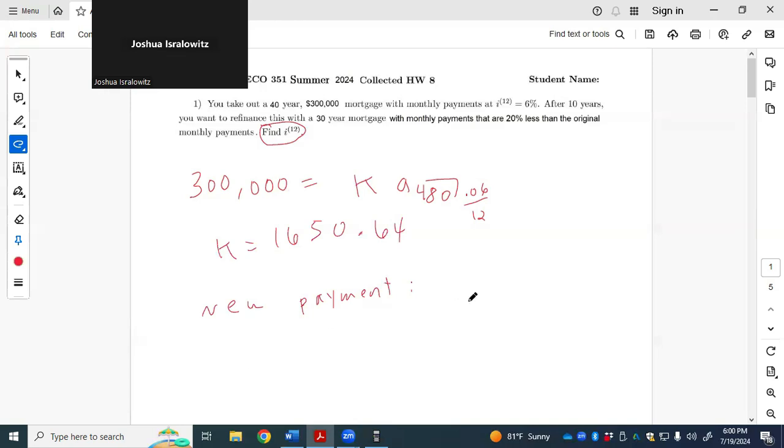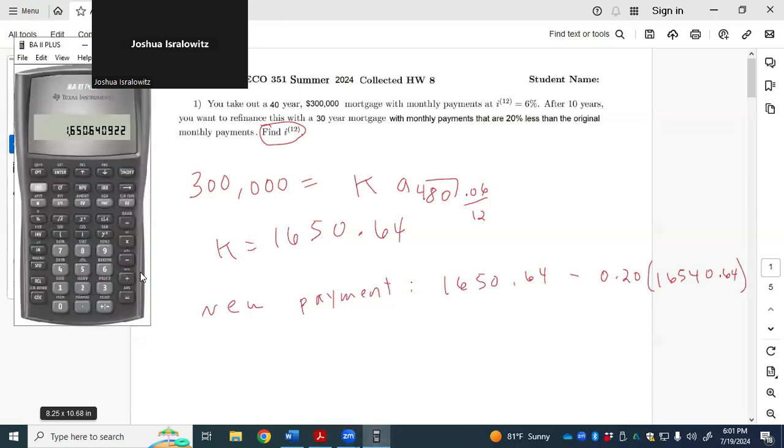All right, so the new payment is 1650.64, and we want it to be 20% less. So just subtract off 20% of this. Same thing as saying multiplying it by 0.8, since 1 minus 0.2 is 0.8.